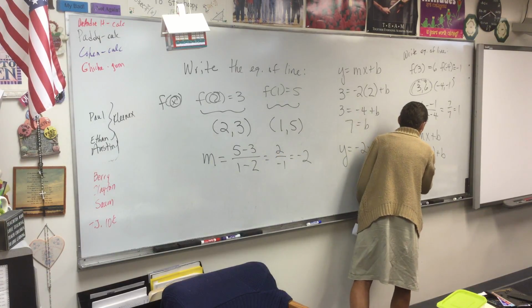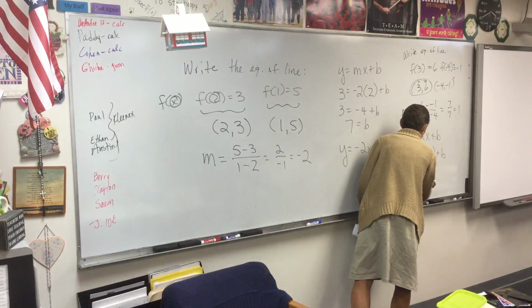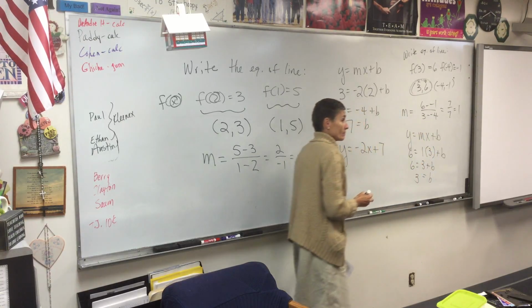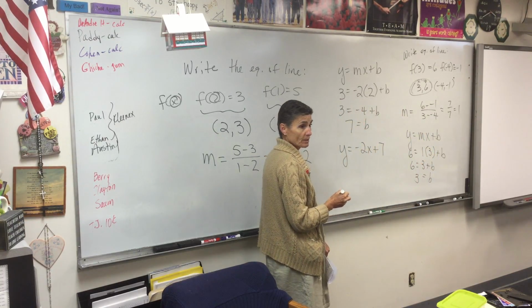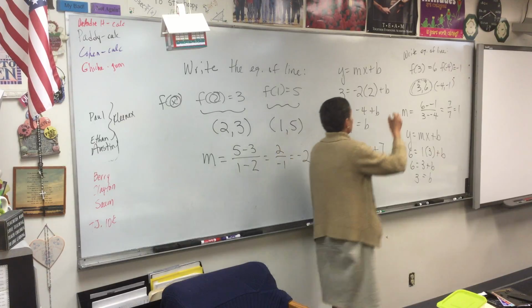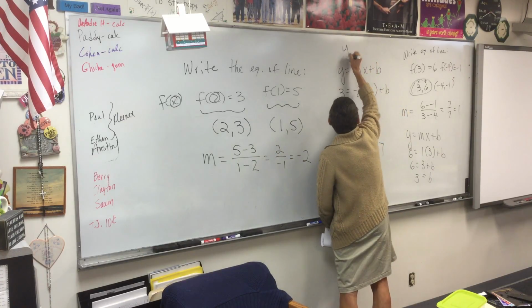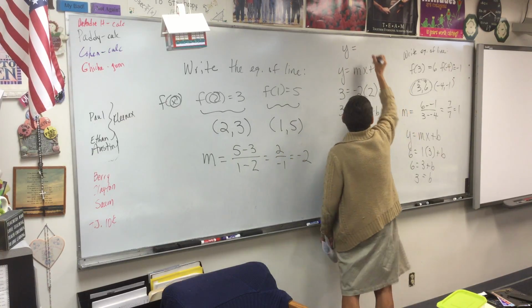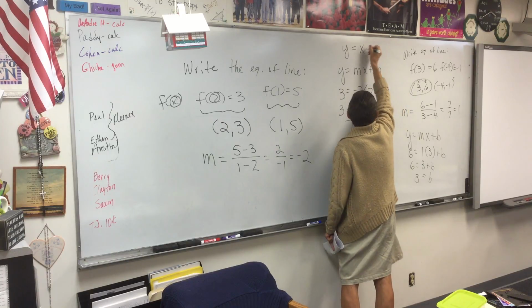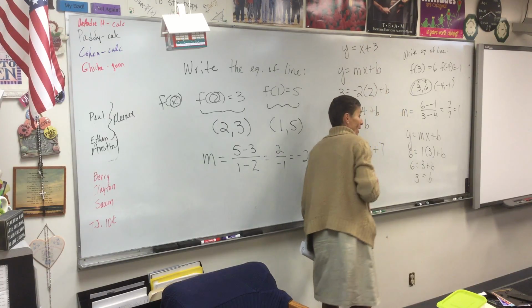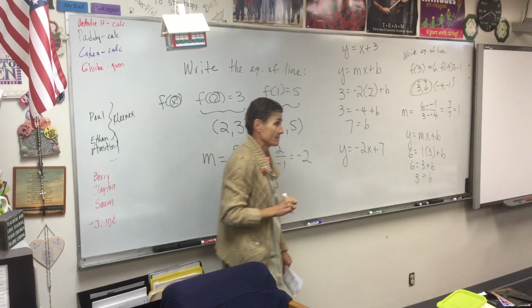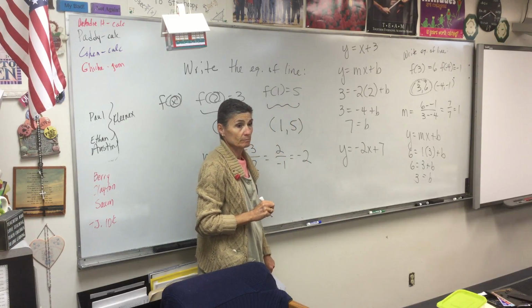And 6 equals 3 plus b, so b equals 3. And don't get so excited you forget to write your answer. Your answer is y equals 1x plus 3. And you can either write 1x or just plain x plus 3.